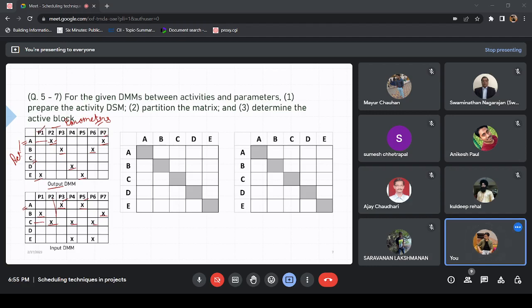P1, E gives P1, and P1 is required by B, right? So 1 here.